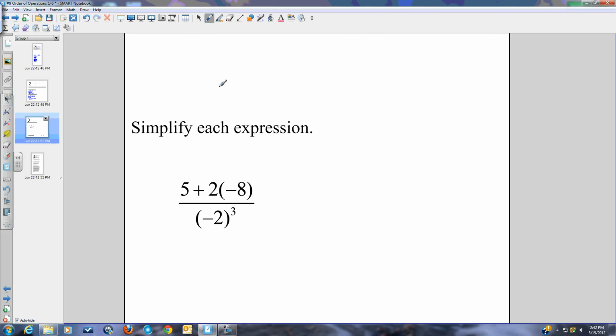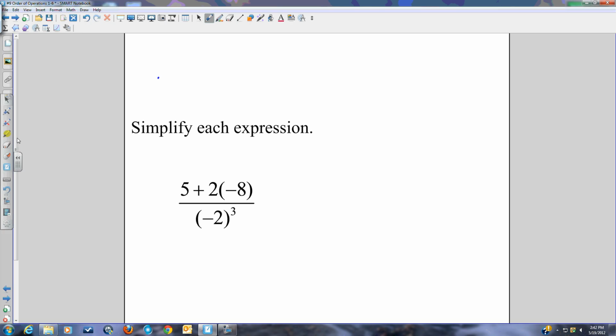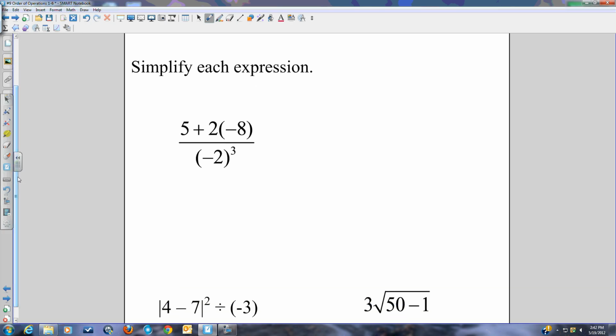Let's move on. We want to simplify each expression here. Whenever you have a fraction, do everything in the numerator first, then everything in the denominator, then simplify.